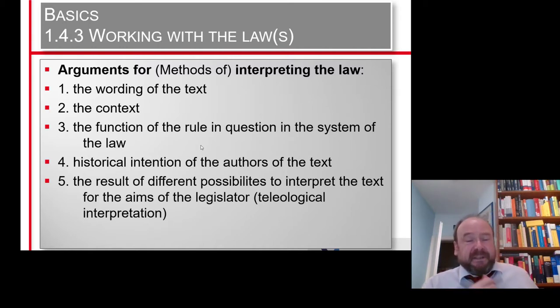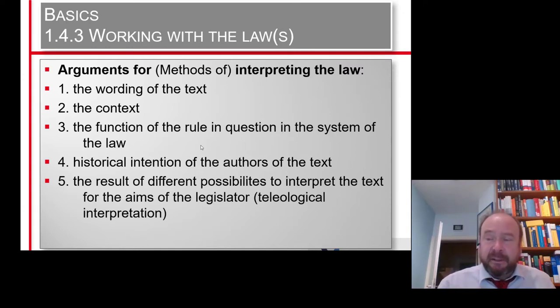The second aspect is the context. Sometimes words have different meanings. For example, value-added tax is to be paid by persons who independently run a business. For a business owner, a so-called entrepreneur, must be independent.